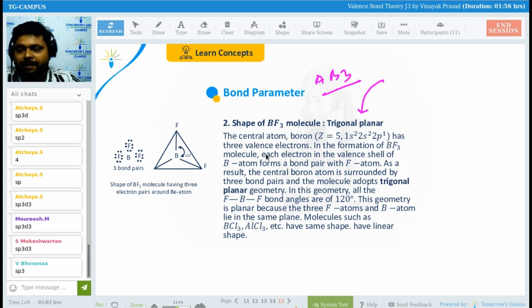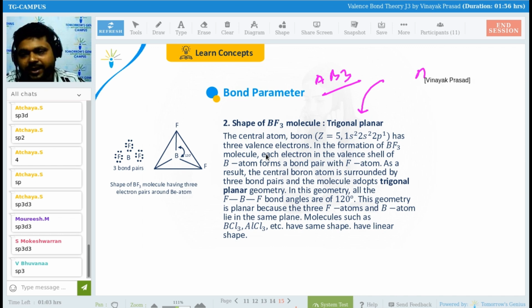If the hybridization is sp2, then what will be the geometry of that molecule? Please tell me.